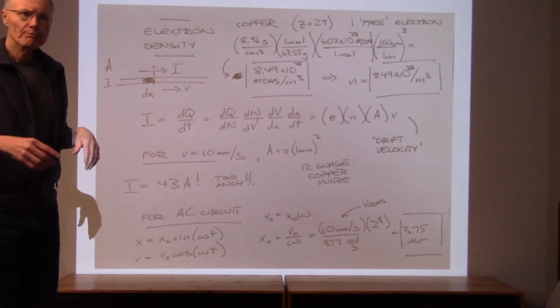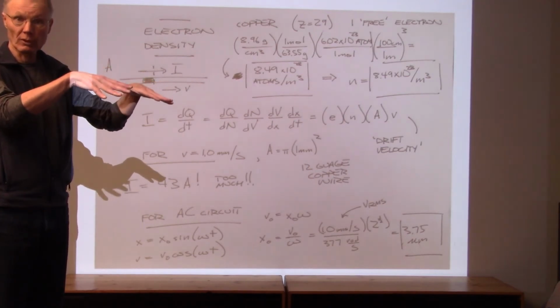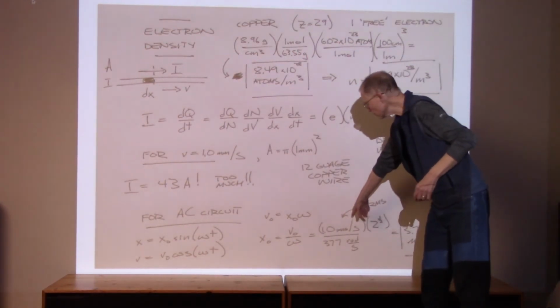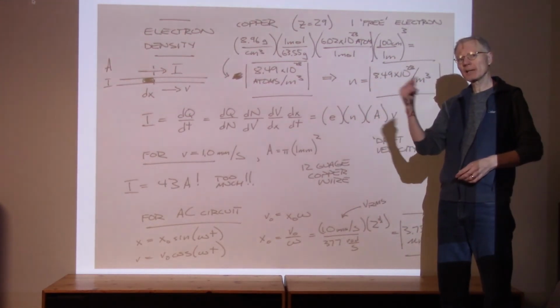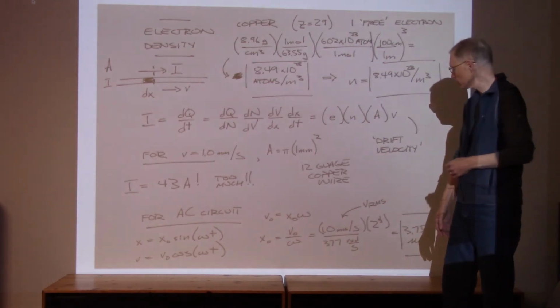So if I put in a number for my drift velocity, kind of a peak velocity, and divide through by the frequency, that actually would tell me how far in each direction, what's the amplitude of oscillations that are taking place.